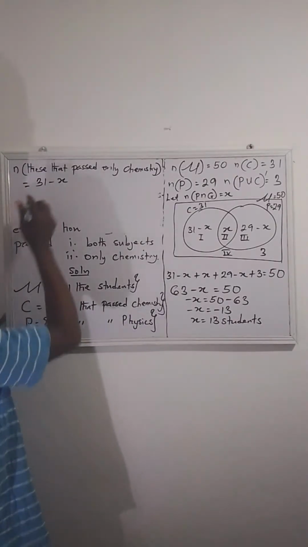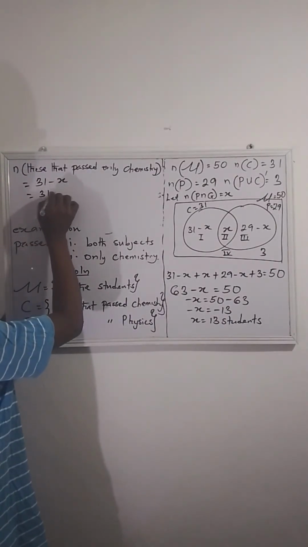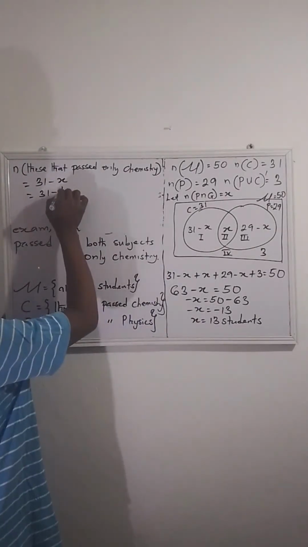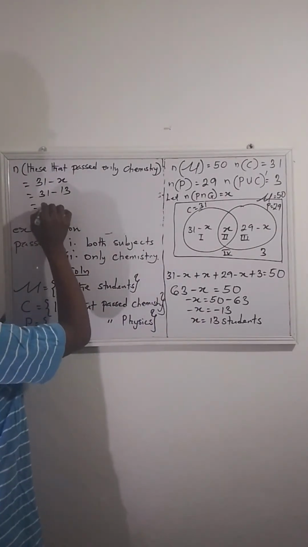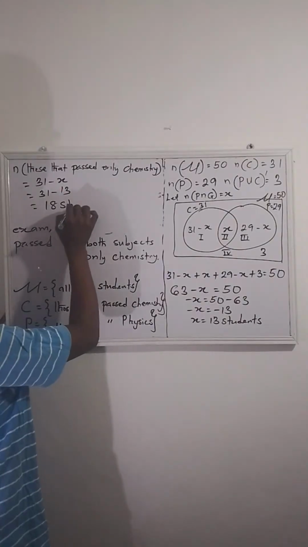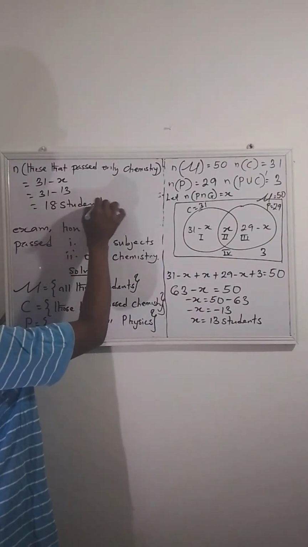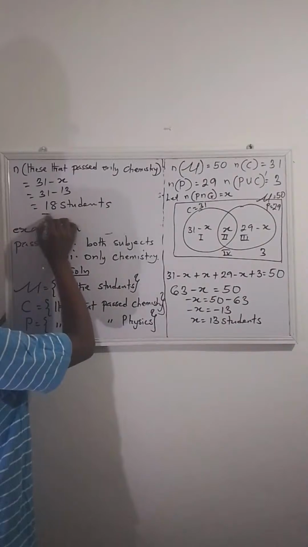So that is 31 minus x, where x is 13. When you subtract, you have 18 students.